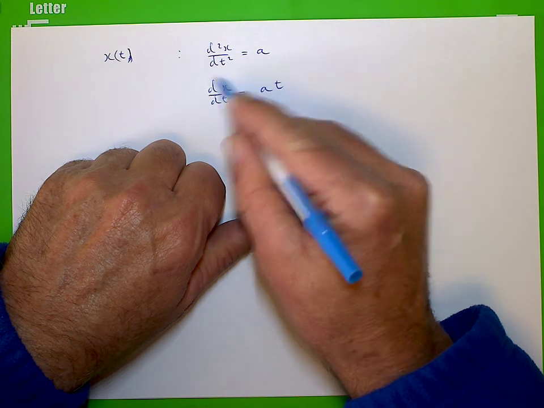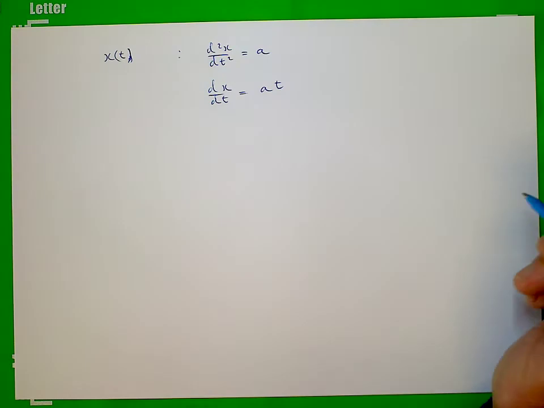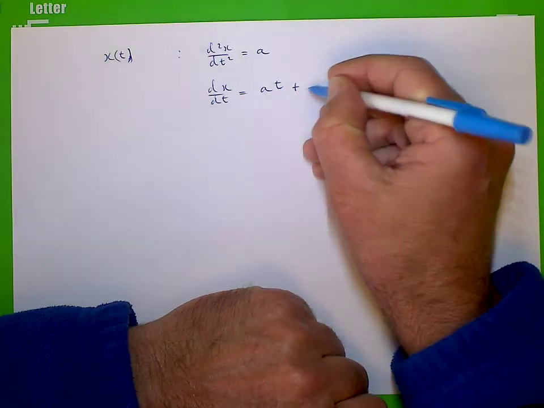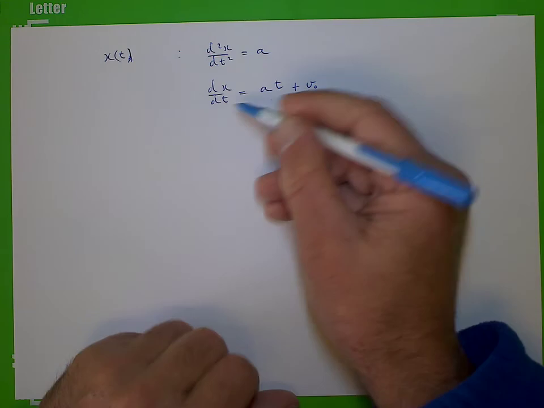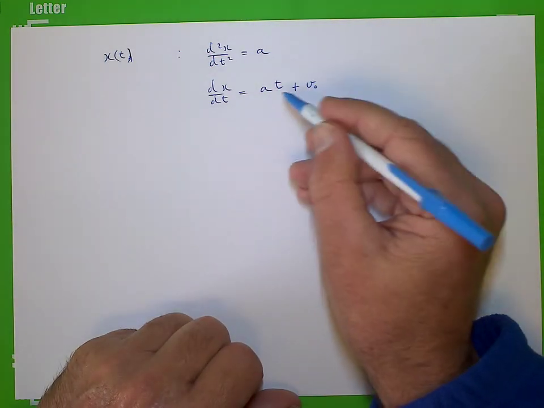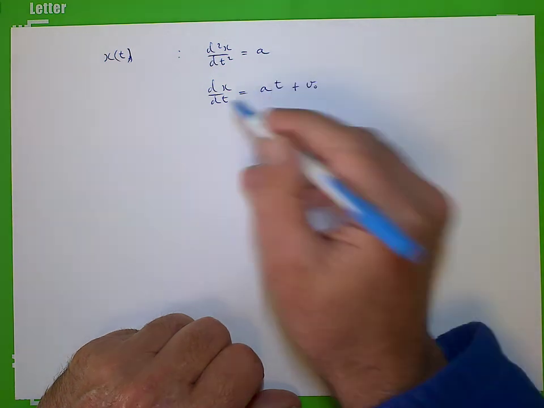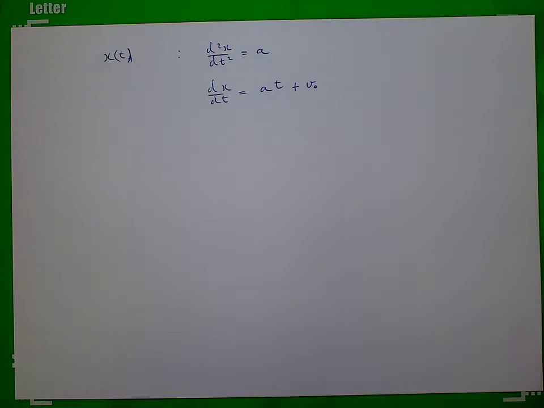But it's not quite the whole story, because if I add a constant to here, like that, and I differentiate now, when I differentiate that, it goes to 0, so the derivative of this is just a, and the derivative of that, of course, is that. So it's still good. There's my solution.